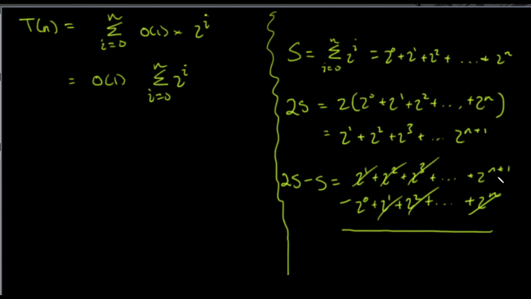What we're just going to be left with is this minus this, which is 2 to the n plus 1 minus 2 to the 0, which is 1.